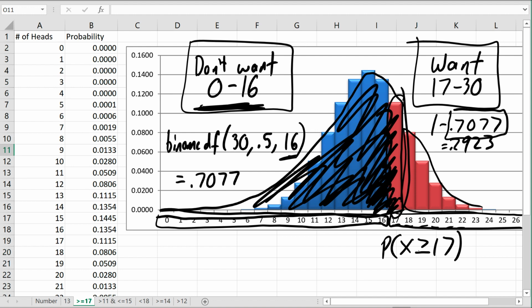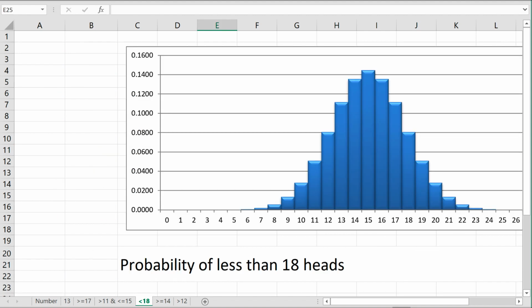Now, if we're just asked on a question to find the probability of less than a number of successes, then let's look at this one, for example. If we wanted to find the probability of less than 18 heads, first of all, that's the same thing as saying the probability that x is less than or equal to 17. Because less than 18 really starts with 17.